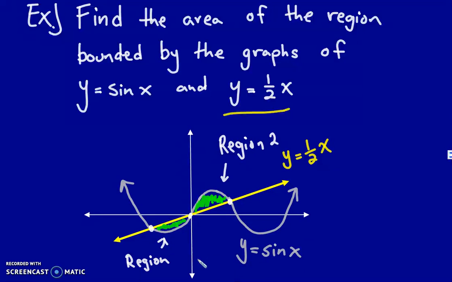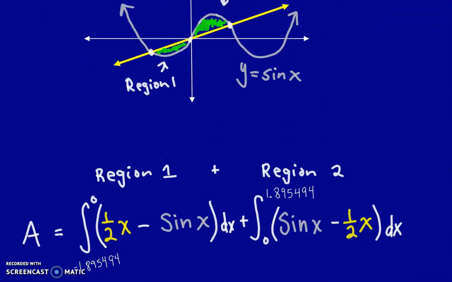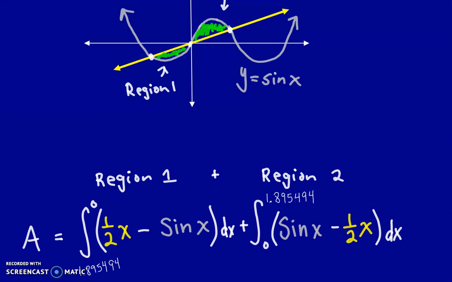Oh, I just realized that I didn't put region 1 here. So this first region is region 1, the second one is region 2. And thanks to the graphing calculator, we found that the intersections occurred when x equals negative 1.895494 and when x equals positive 1.895494. Now, look at my setup.